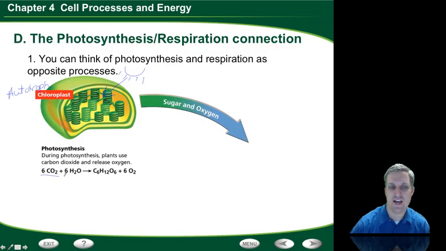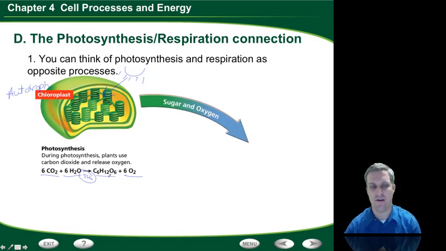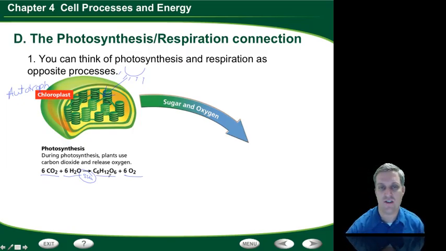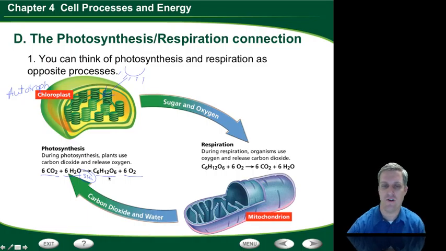You get carbon dioxide, water, plus sunlight, yields sugar and oxygen. Plants use the carbon dioxide and the water, release oxygen, and make sugar to store.